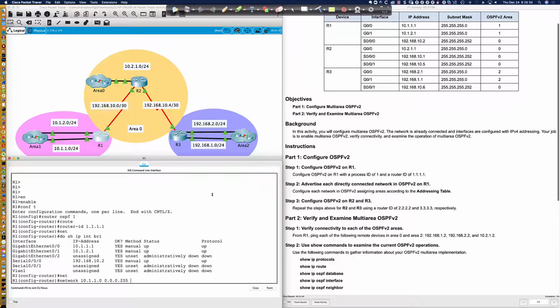Now, you'll notice here that it says area 1. So on router 1, and we'll assume that this top interface is gig 0/0, this interface will be in area 1.